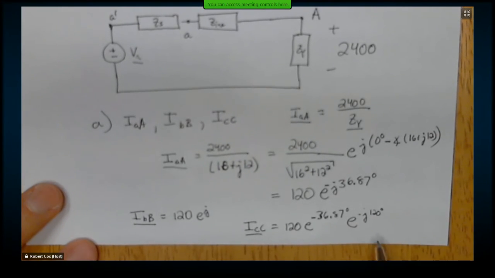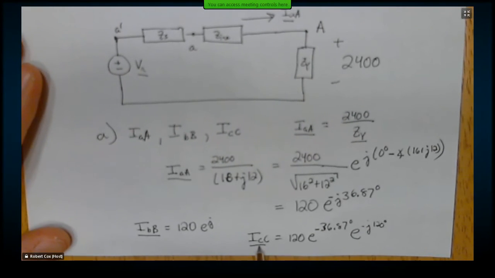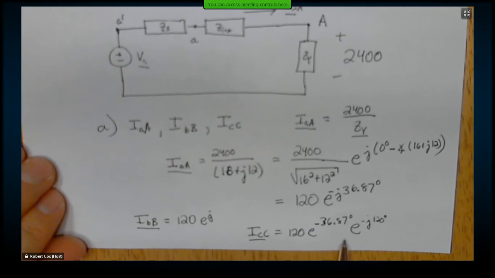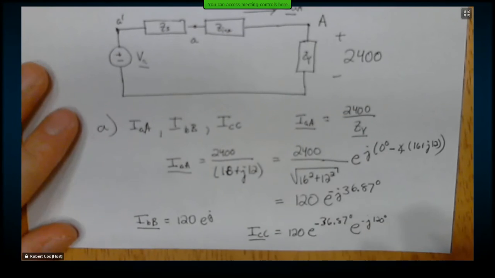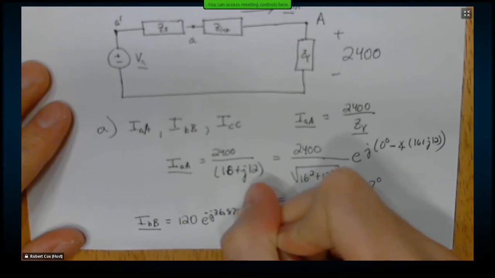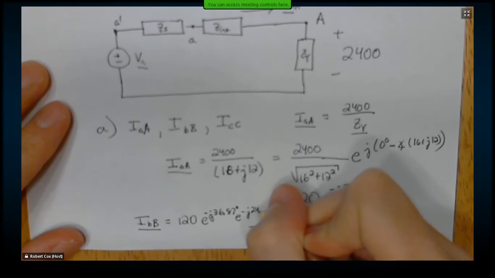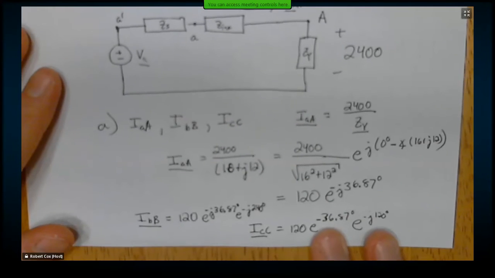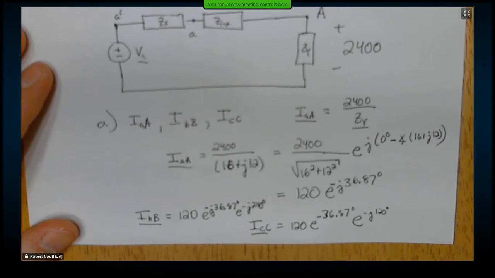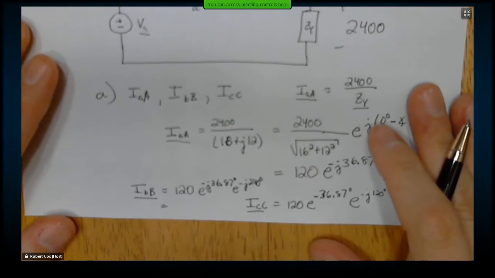Minus another 120 degrees because this guy, the C phase, is behind A phase by 120 degrees. On B, okay, he's behind by 240 degrees. Now, this is not normal, right? This is what we would have for a negative sequence set, or an ACB connection, which is what they're talking about.